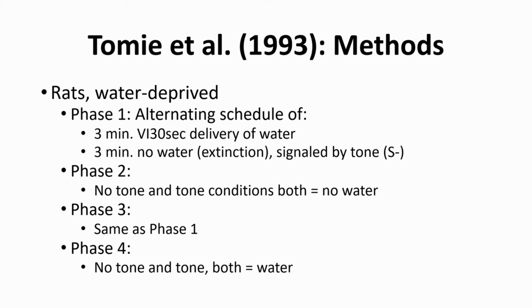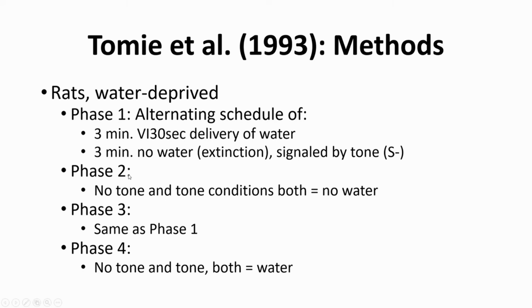Phase 2, there would be no delivery of water no matter what. Whether there was a tone or no tone present, both conditions, they get no water. Phase 3 was the same as phase 1, where sometimes water is delivered and sometimes there's a tone telling them that extinction is going on and that they won't get water. And then phase 4 is actually the opposite of phase 2. Phase 4 is that there's no tone and tone both mean water.